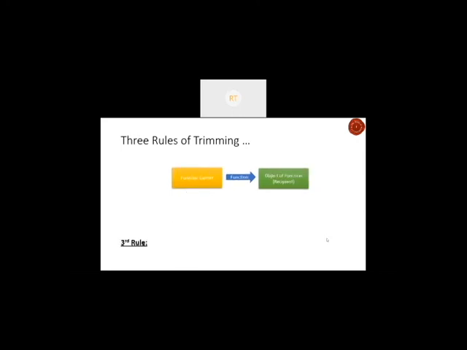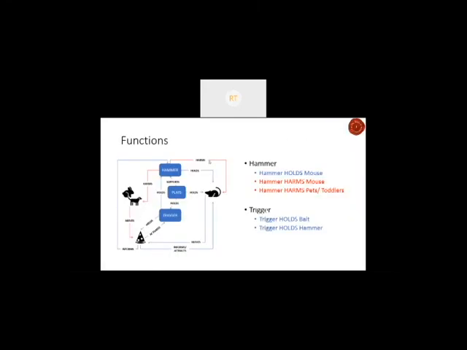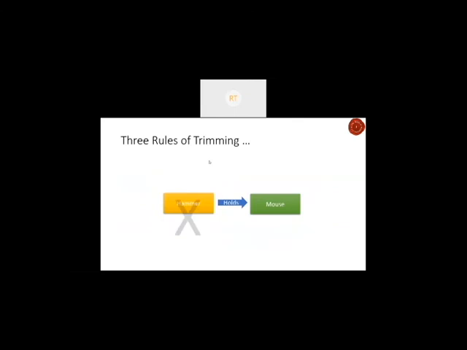The third rule was that the function carrier can be removed if that function is being carried out by a second function carrier, which is an existing component of the system. So you are basically delegating the function of this function carrier to an existing one so that you can trim it. These were the three rules of trimming we discussed. Then we looked at the trimming candidates we identified, and wanted to delegate their function to something else so that we can trim those components.